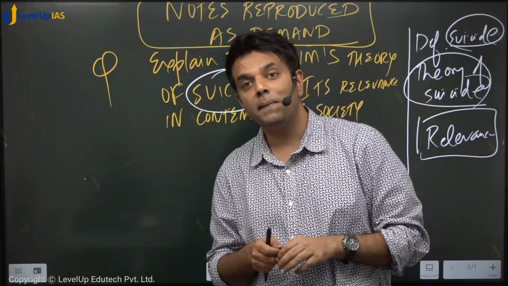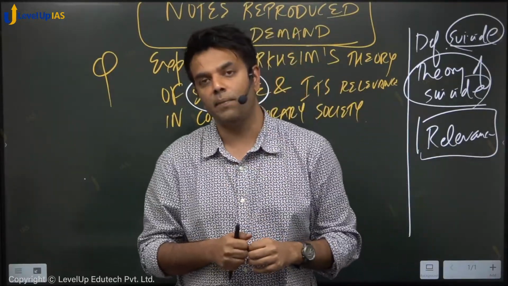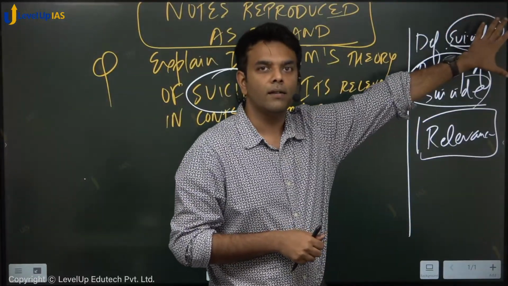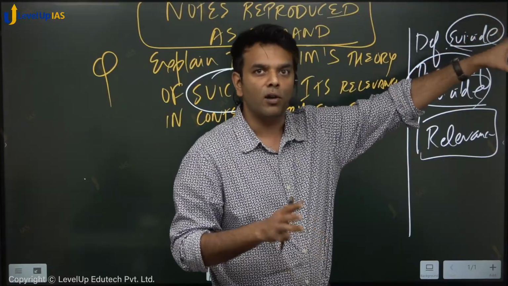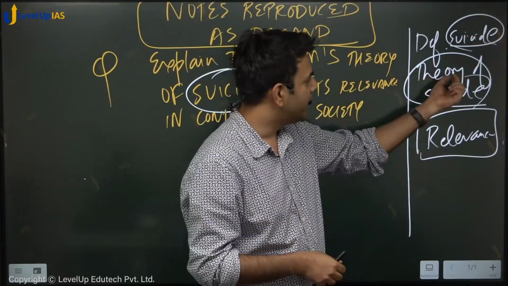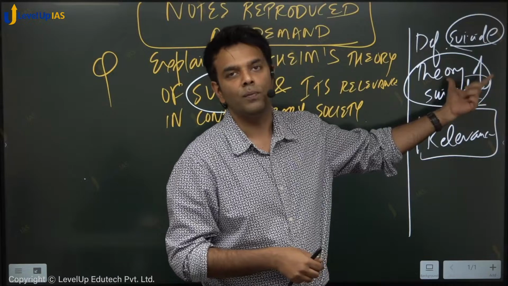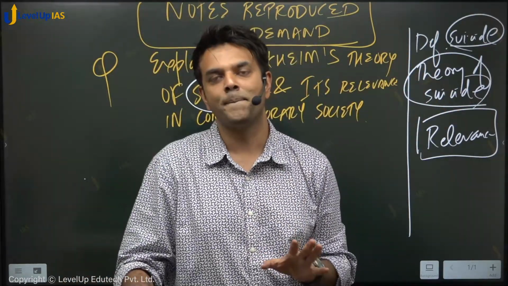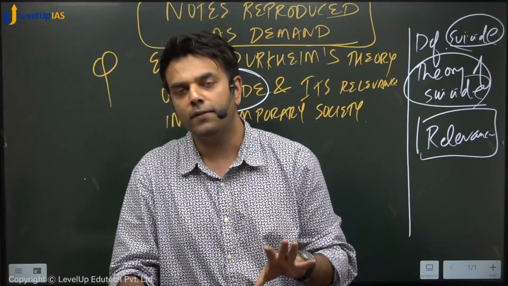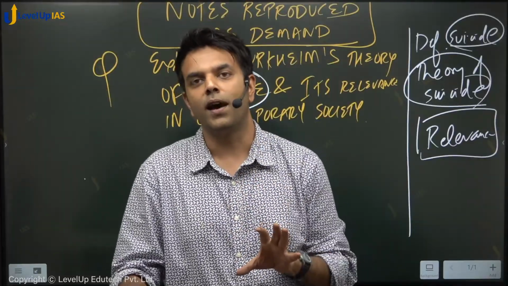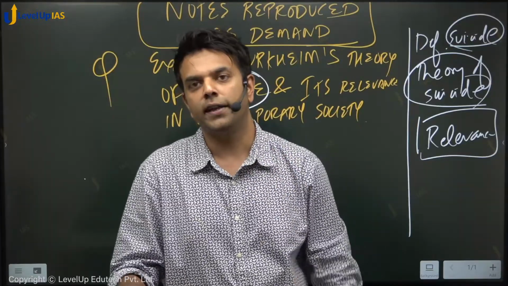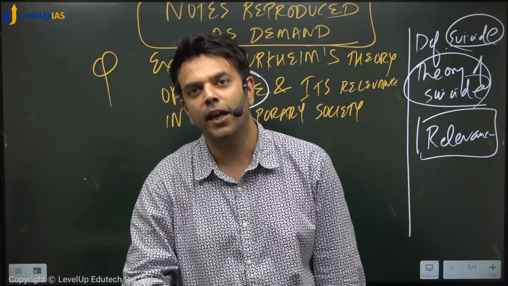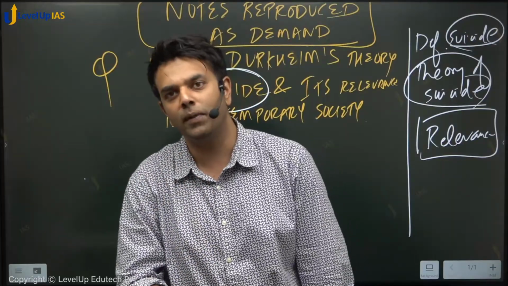Now, what is the bare minimum content that examiner expects? Let us take definition for granted, that all of us know it. Okay. Let us talk about this elephant in the room, theory of suicide. Most of us, and I'll be very honest, most of us are writing types of suicide in the theory of suicide. 4 types. And you unconsciously will admit this.